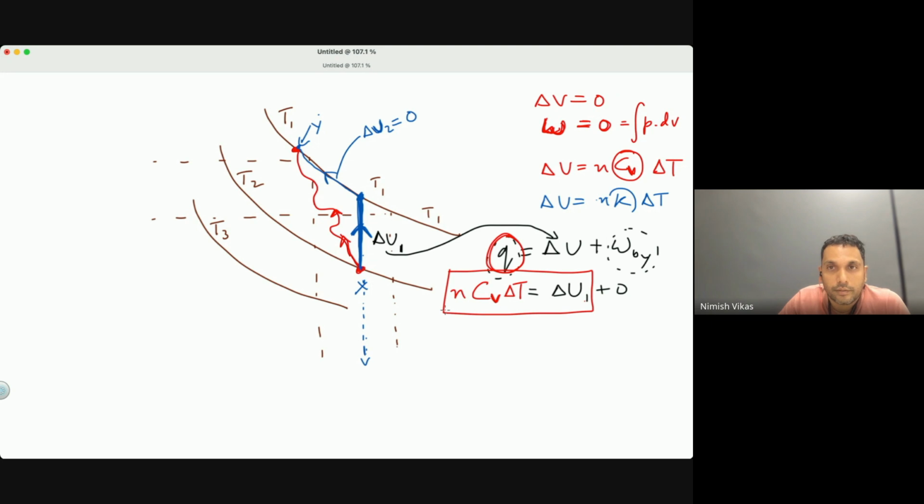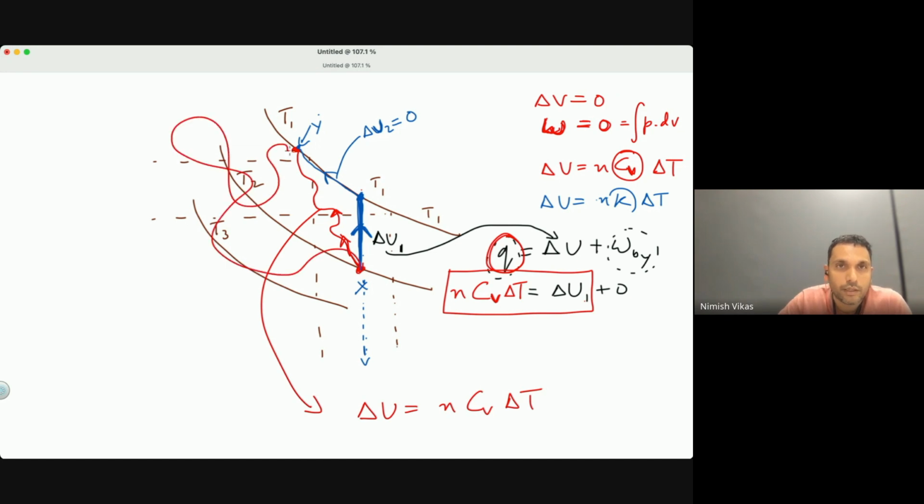From here to there, and there to there is 0. So for this whole red path, delta U will be n CV delta T. Whichever way I went, the answer will still be the same. You can digest it after some time. I just told it because I thought some of you were getting it.